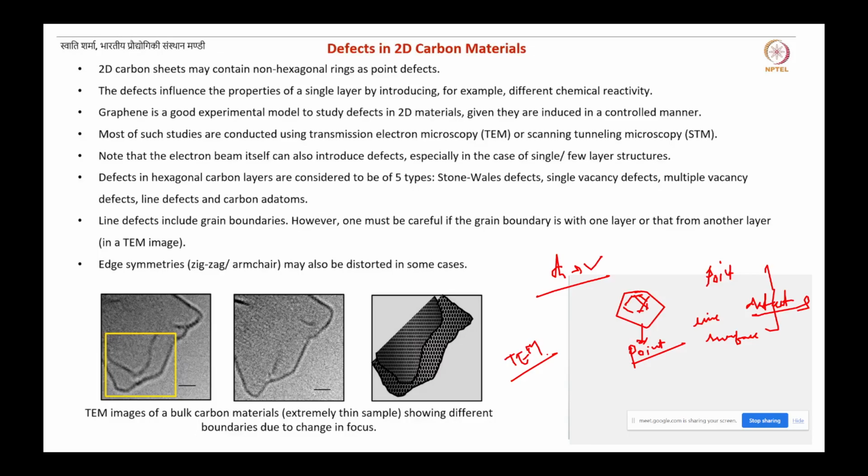By TEM you can observe how your carbon atoms are arranged in a particular manner. Since graphene is a 2D material, the atoms are mostly arranged in a hexagonal, flat, packed system, so it can be easily observed using TEM.